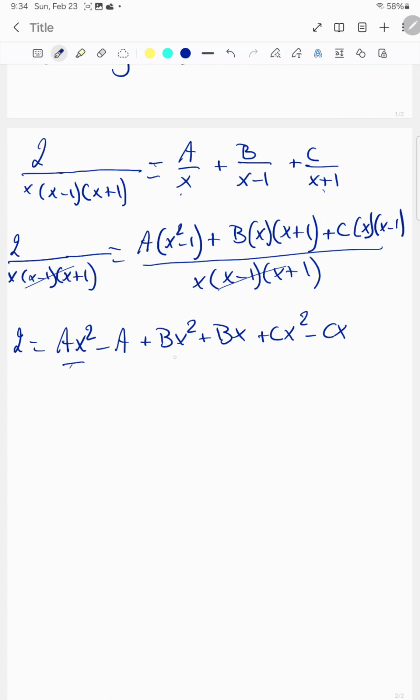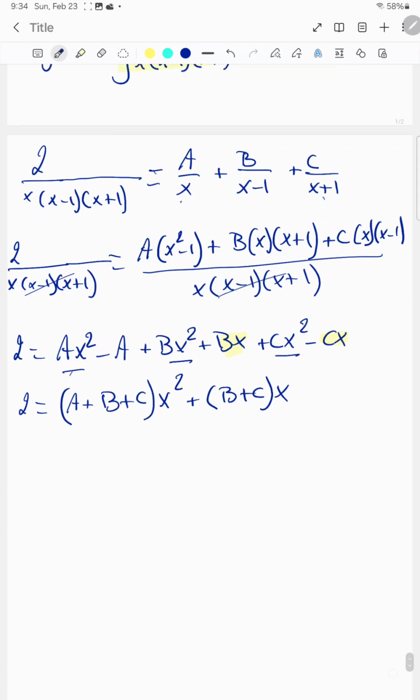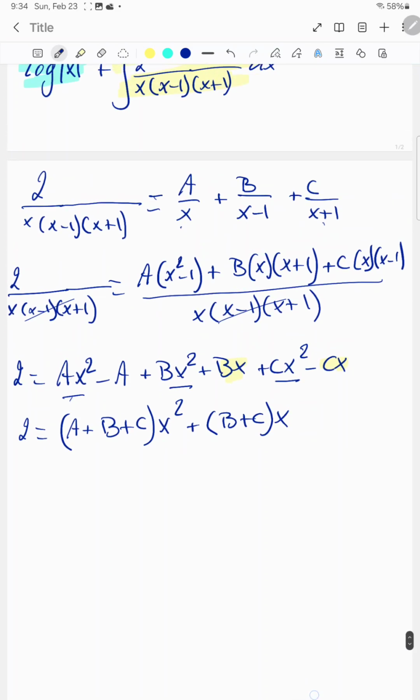So now I can factor out x squared, so I would have 2 is equal a plus b plus c, factor out x squared, and here let's highlight bx and cx, I can factor out x here, so plus b plus c times x, and I would have minus a, I keep minus a.